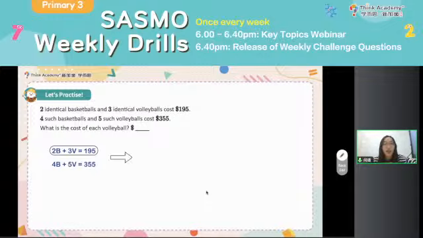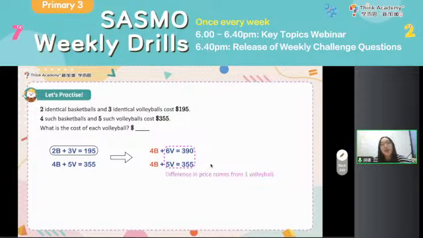For the first one, you just make sure that you turn 2b into 4b. That is to multiply by 2. In this way, you can cancel the basketball part, right? Now you see that again, how come there is a difference? The difference comes from volleyball. Okay, good job. So what is the price of 1 volleyball?